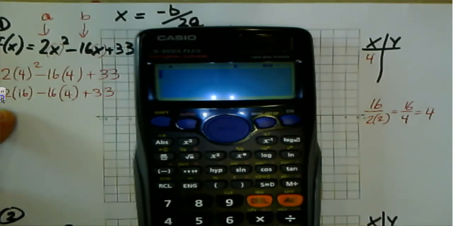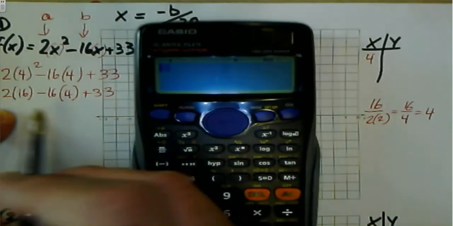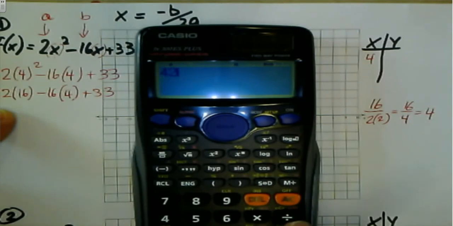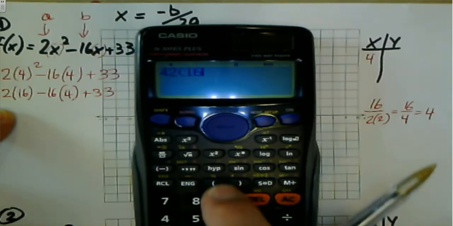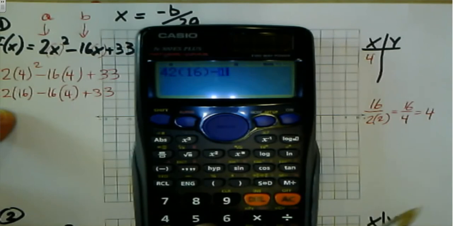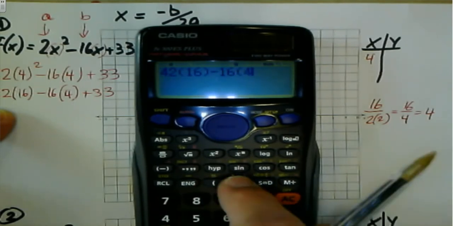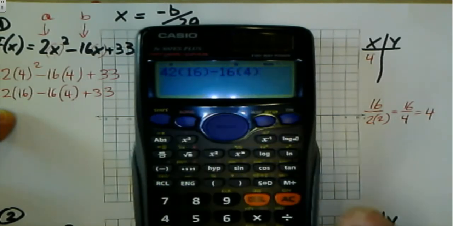We can get rid of that. There we go. So we just enter away. 2. You can put your parentheses, 16 parentheses minus 16 parentheses 4. That all means times. Whoops, there's a 42 there.